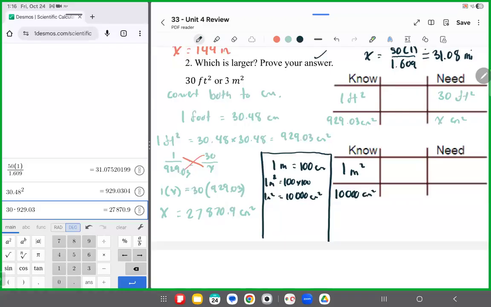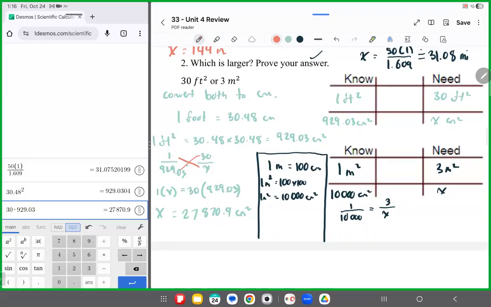And we're curious as to how many square centimeters there are in 3 meters squared. So the corresponding ratio will run as 1 over 10,000. And this is equal to 3 over x.